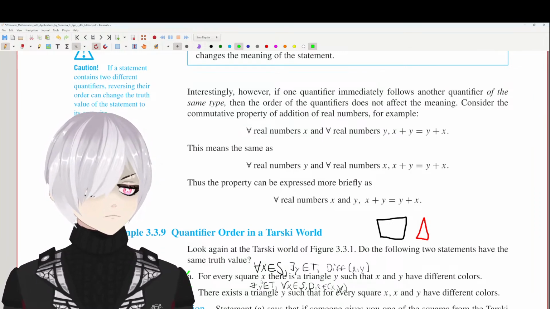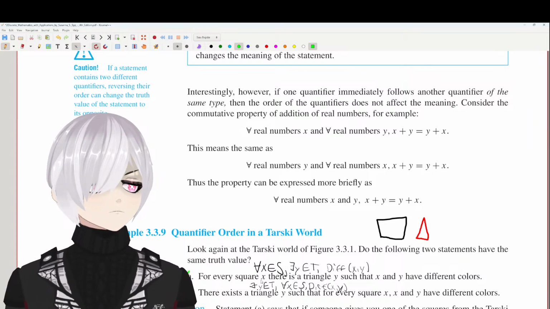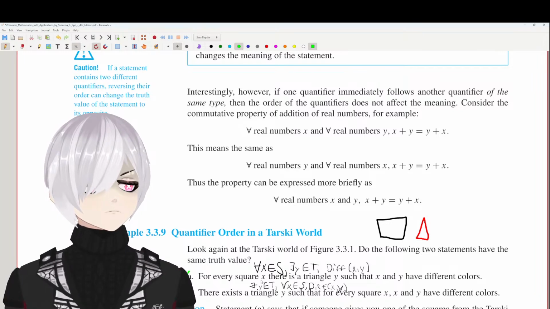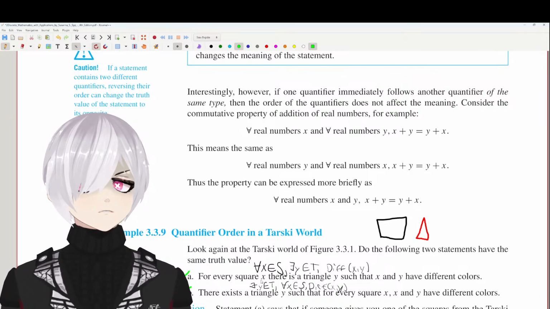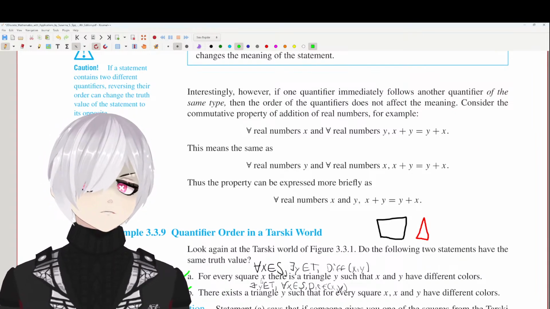It just means that the statements are neither equivalent nor do they contradict each other, because they can have different truth values, but they don't have to. So it depends on the particular Tarski world or model, the particular scenario where you're evaluating them.